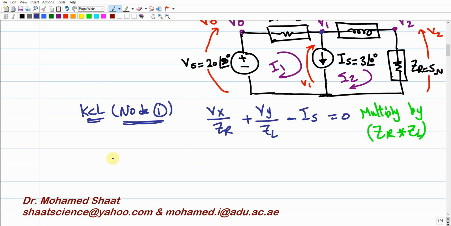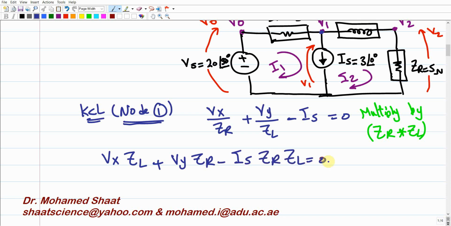So we end up with Vx times ZL, because the ZR will be cancelled, plus Vy times ZR, negative Is times ZR times ZL equals 0. And this should give us the first equation.